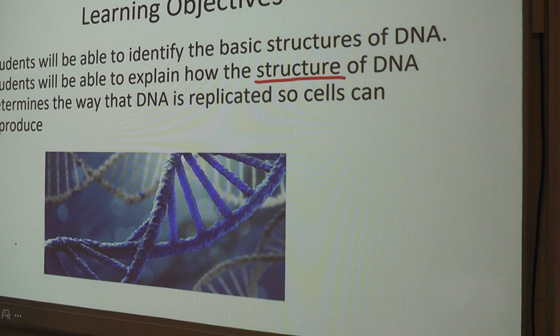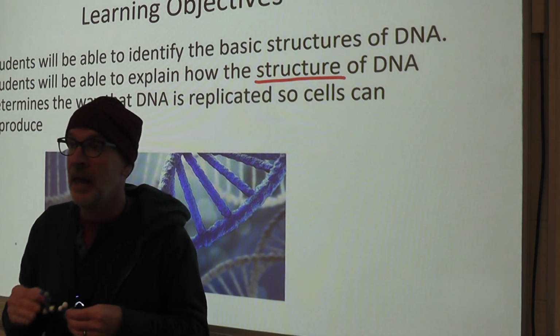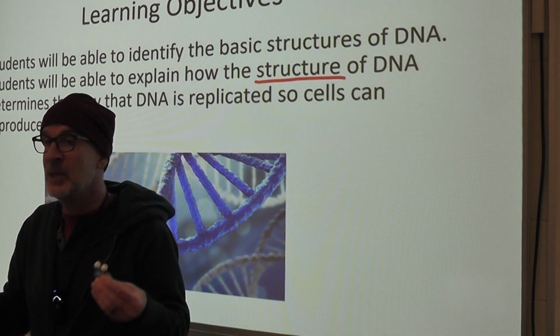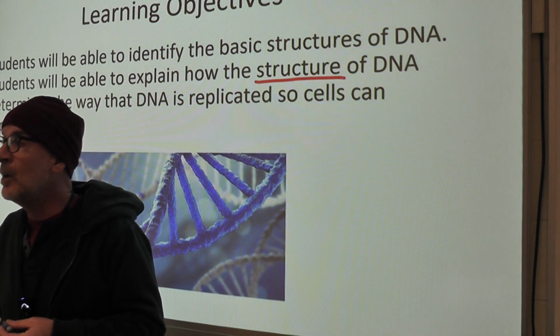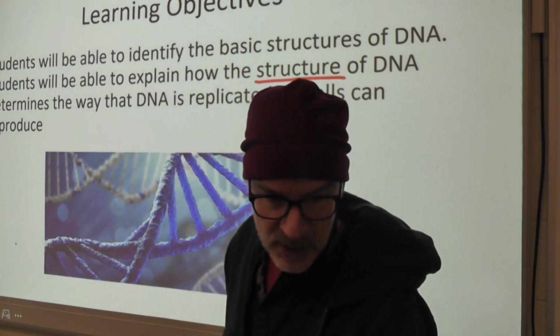DNA is just a chemical. It's just a chemical substance. The fact that it does what it does is entirely a product of the fact that it tends to hook together in a certain way. And that's it. There's no more to it than the fact that it happens to piece together in a way that makes it do two really critical things. And we're going to look at both of those.